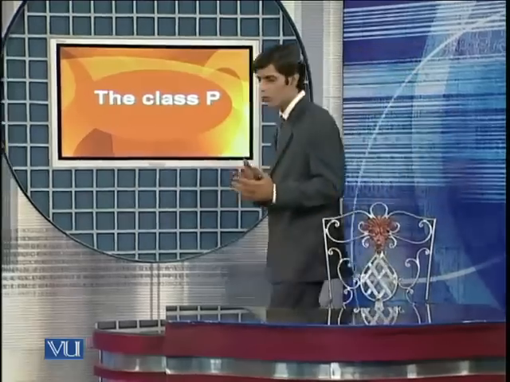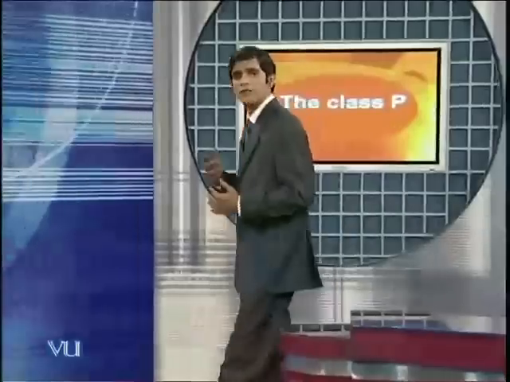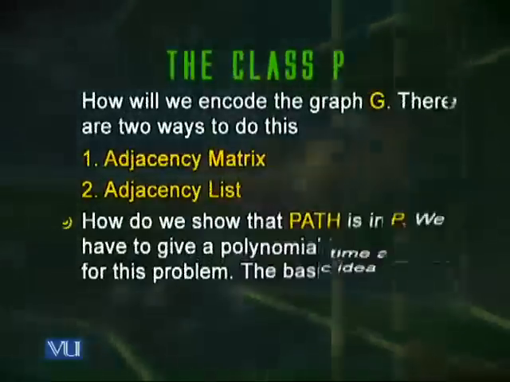One way is to use an adjacency matrix. Another way is to use an adjacency list. Actually, in our case, it doesn't really matter. You can take any one of those ways of encoding a graph, and that would be sufficient. We will show that no matter what way you encode the graph, this problem can be solved in polynomial time.